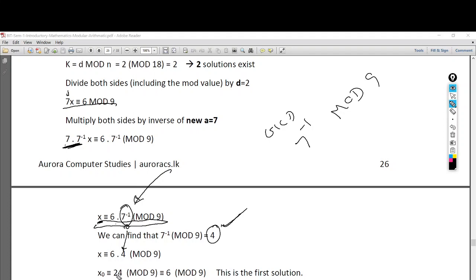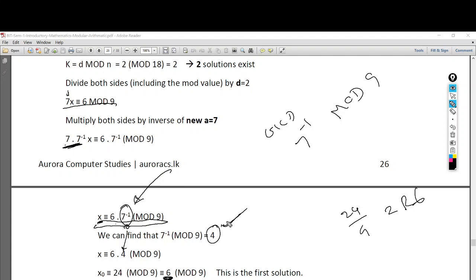Therefore you take 24 divided by 9 and find the remainder. 2 times 9 is 18, then 6 is remaining. So 2 and remainder 6. Therefore rather than 24 you can say 6. So the answer is 6 mod 9.